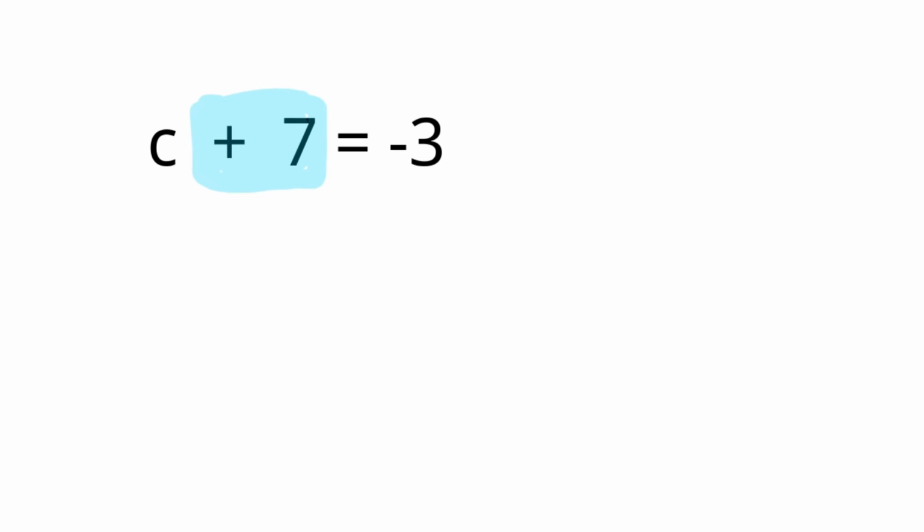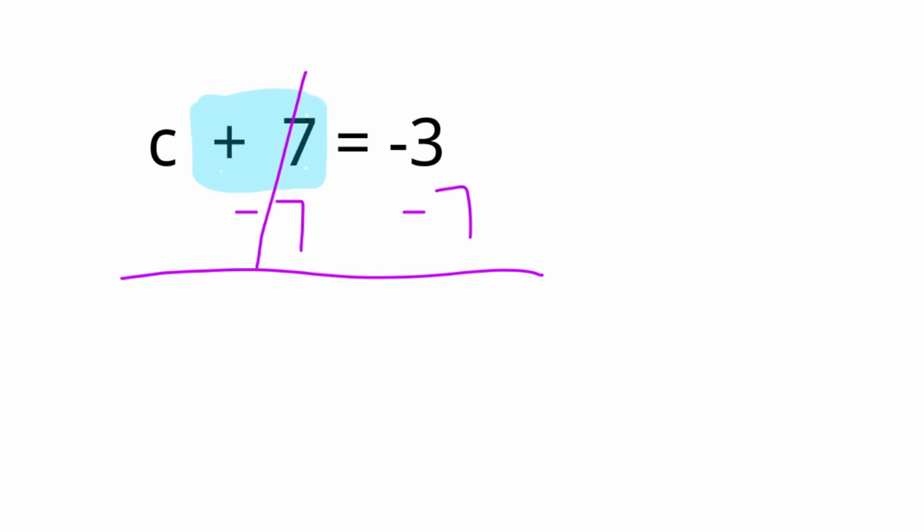The only way to undo plus 7 is to minus 7. And whatever you do to one side, you do to the other side of your equation as well to keep it balanced. So now you have plus 7 minus 7. Those cancel out because that's 0, leaving c isolated all by itself.